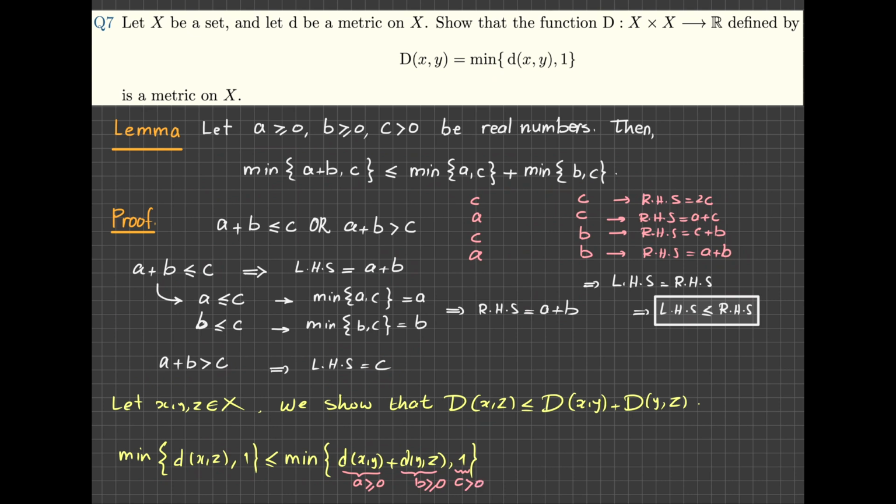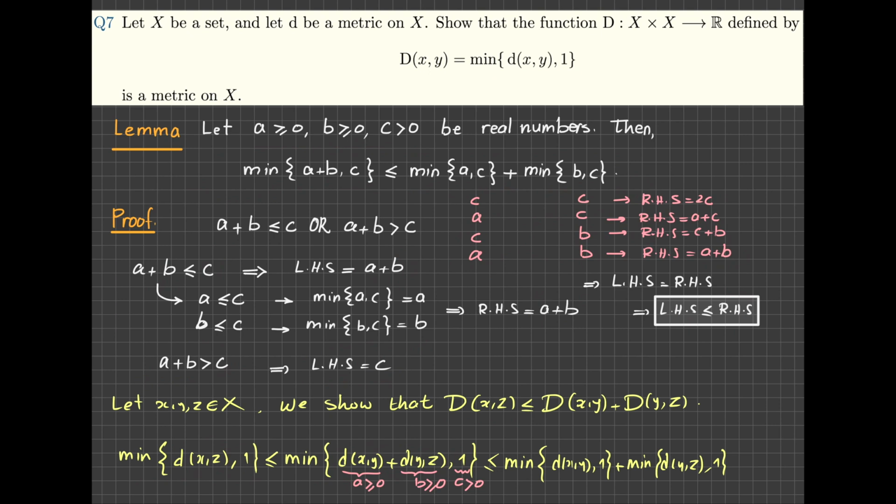So these a, b, and c that I introduced here satisfy the condition of my lemma, so I can use my lemma. So what is my lemma? This tells me that this is less than or equal to the minimum of d of x and y and 1 plus the minimum of d of y and z and 1.